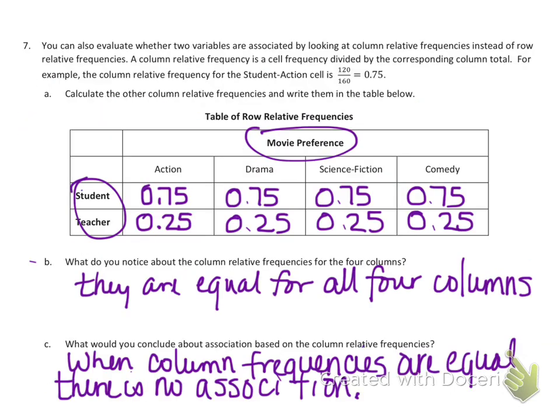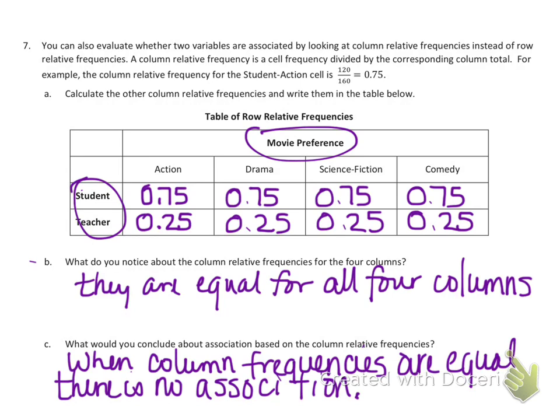The column frequencies are telling us something else. Sorry, it's telling us that of the people who preferred action, 75% were students and 25% were teachers.